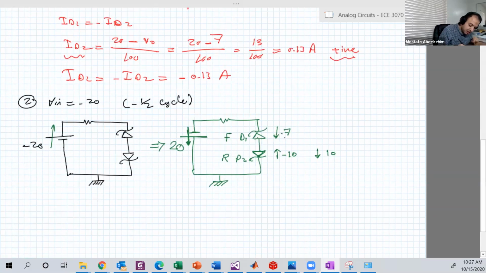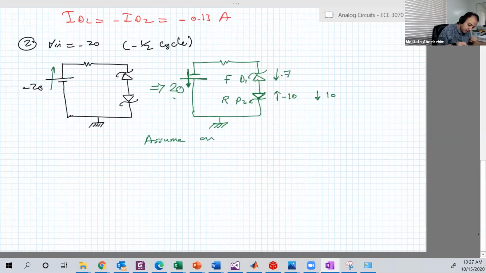So in total we need 10.7, and the input is 20, so probably they are on. For D1, it's on in forward. For D2, it's on in breakdown.